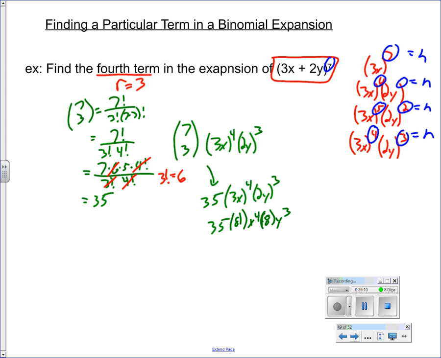We can multiply our 35 by 81 by 8, and we'll get a big number, 22,680 x to the fourth y to the third. So that'd be an example of finding one term in the expansion without finding the full expansion. If you want to find some more resources on this or find another video, you can search for binomial theorem or binomial expansion.